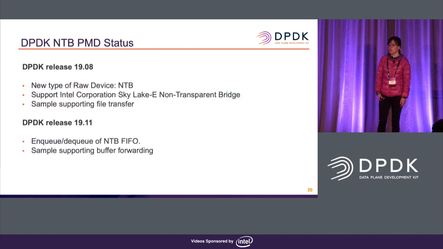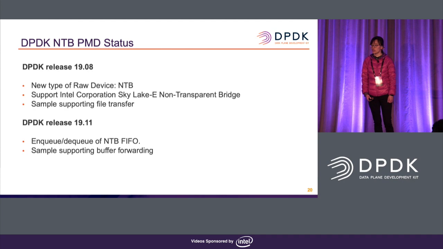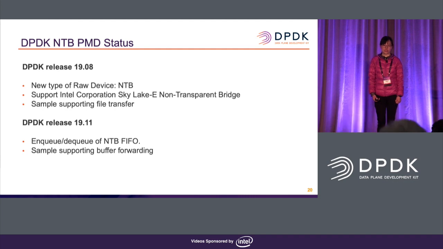Okay, let's check where the code is. For DPDK release 19.08, we already introduced this kind of device. It supports Intel built-in non-transparent bridge, and we already contributed a sample which supports file transfer.